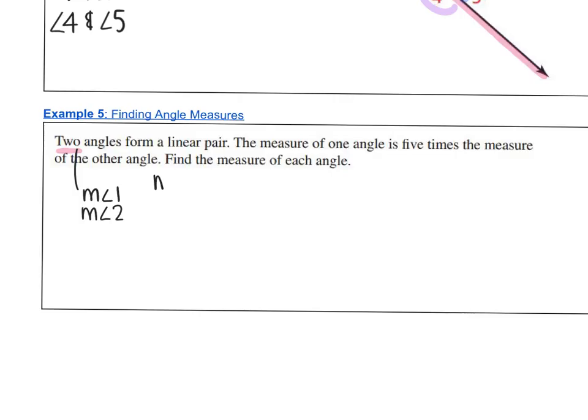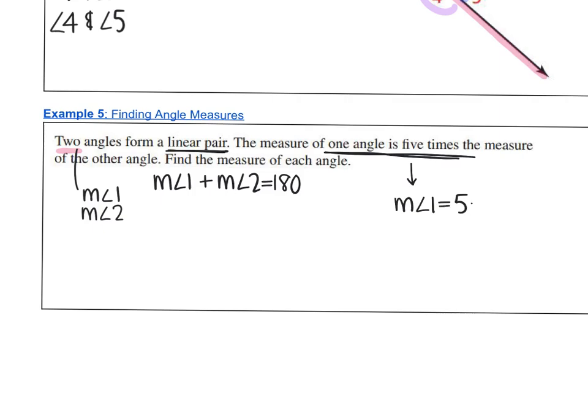So I know that the measure of angle 1 plus the measure of angle 2 are going to equal 180. That's what it would mean if they form a linear pair because they're on a line, it's 180. Then it says the measure of one angle is 5 times the measure of the other angle. So let's write that as an equation. The measure of the first angle is 5 times the measure of the second angle.